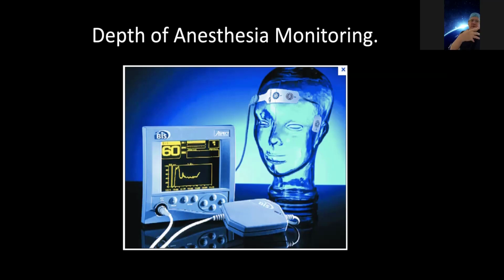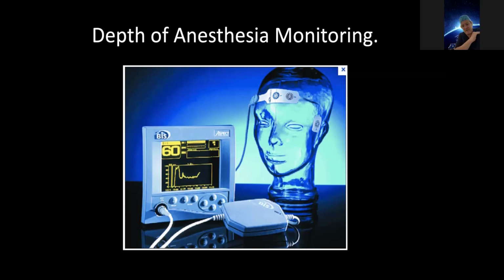But it's very simple. 0 would equal no electric activity of the brain. Does not mean that you're dead, but it means that there's no electric activity. If I give you a big enough dose of propofol, your value will probably go down into the single digits or lower, depending on the propofol dose I give you. So it doesn't mean that you're dead.